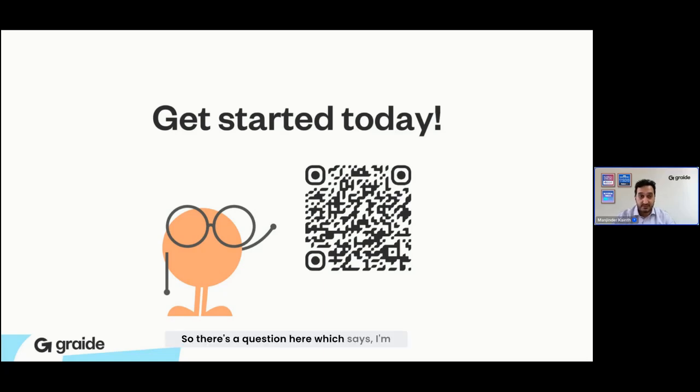So there's a question here which says, I'm curious about whether the system can mark more reflective in nature questions versus right/wrong topics in short or long form answers. That's a really good question. What I would say is that for us, the system learns based on the content and the context of the area that you're selecting of the response.